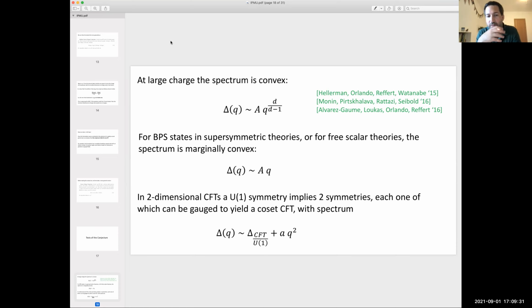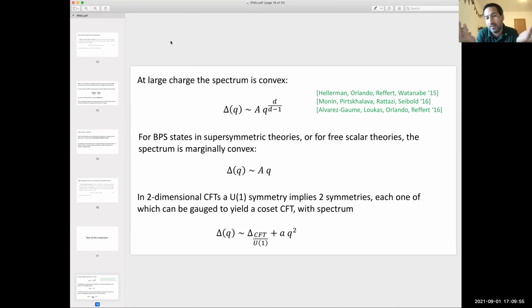It has some contribution from this coset CFT plus some contribution with some parameter A that's positive times Q squared, which is convex. So it always has a convex contribution plus a contribution from this coset CFT. And if the CFT is actually a direct product of the left-moving and right-moving, then you can always take the identity operator in the coset CFT, and then it's automatically convex.